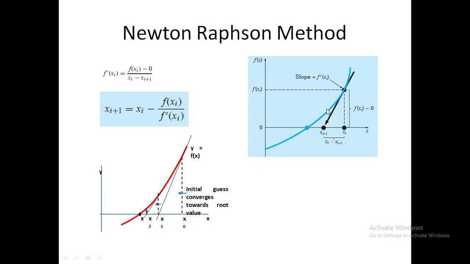The tangent intersects the x-axis at a particular point, which represents the new value of the guess. This xi plus 1 is the new value of the guess.